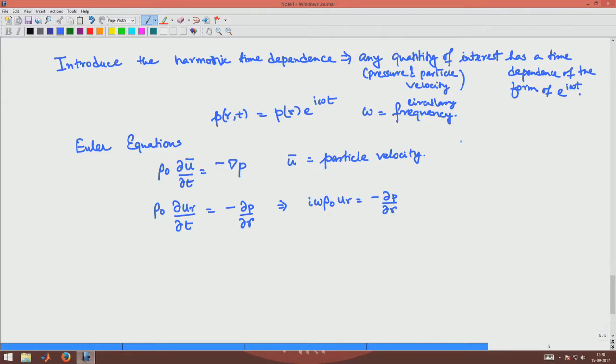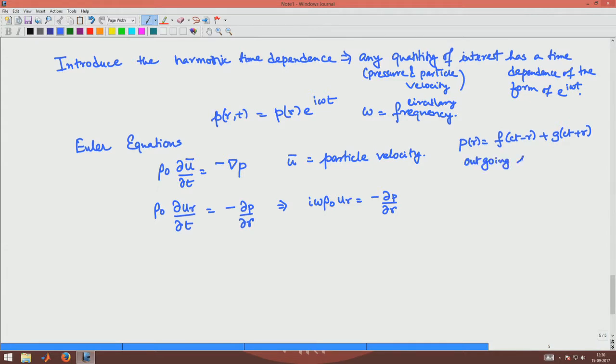And we already know that p of r has got to be of this form, f of ct minus r plus g of ct plus r. So, let us consider the outgoing wave to start with.